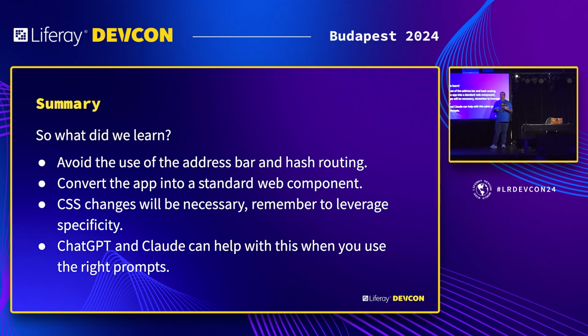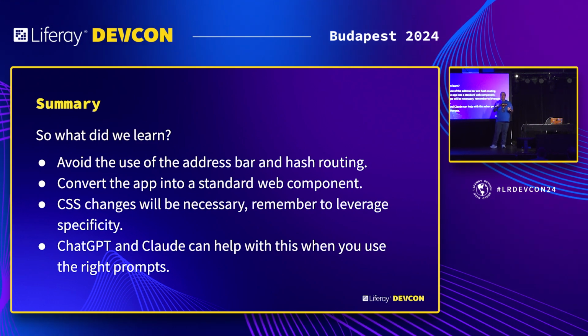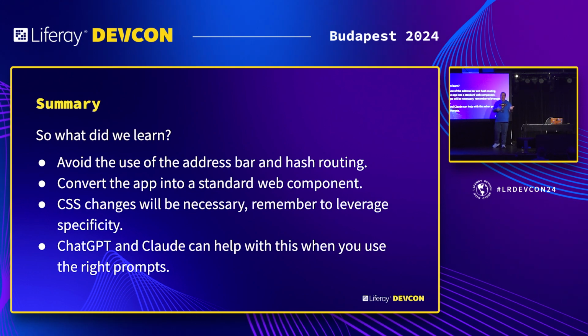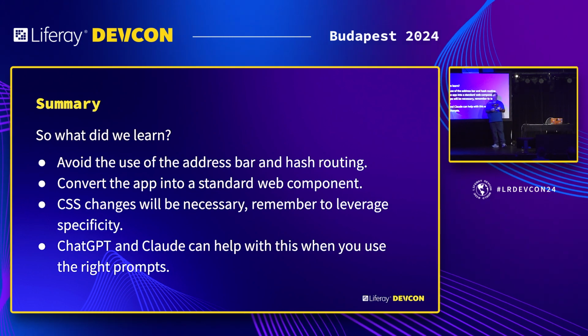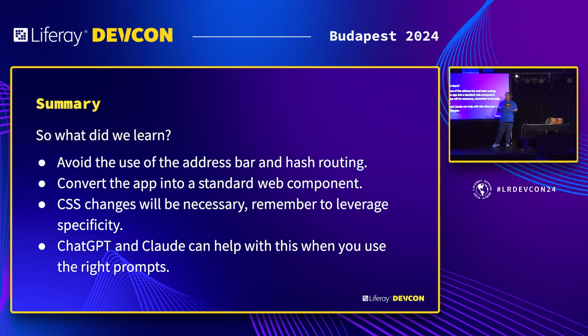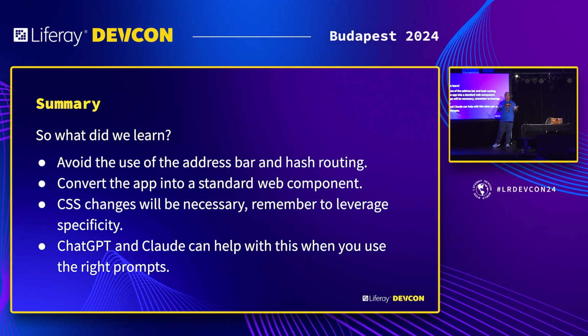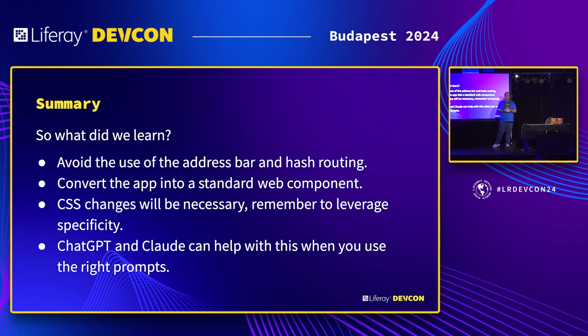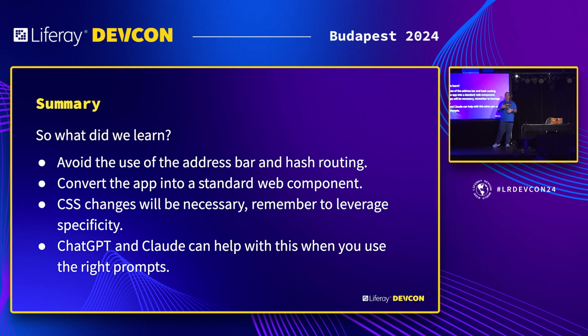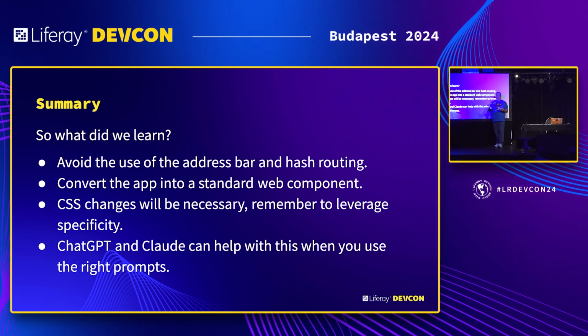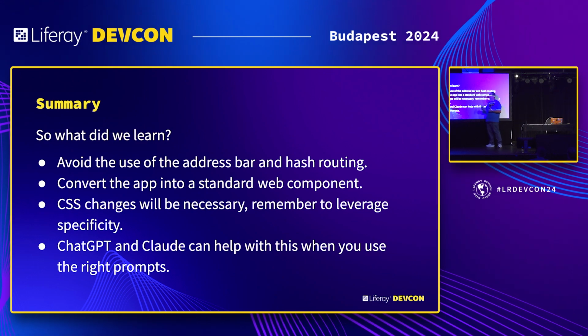I would start with, I'm on a Mac and I'm using Yarn. I've been given an Angular application that uses Webpack and Babel, and I need to convert this into a standard web component. And using that prompt, it would give me the list of changes that I would need to make to the application to turn it into a standard web component.